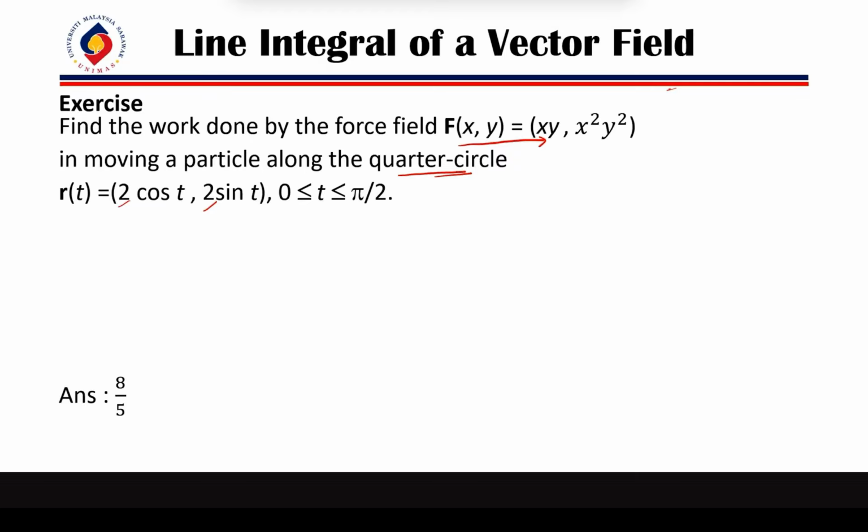Alright, so the radius is 2 here. So please solve this exercise, and the final answer for this exercise is 8 over 5. Alright, so we go to the next example.